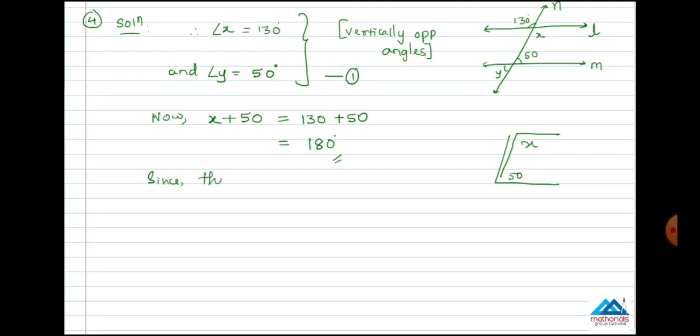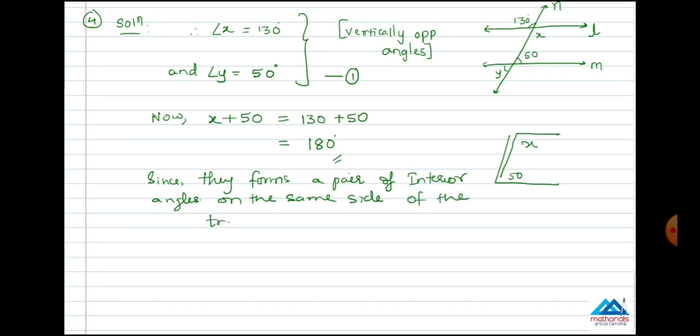So here we can say, since they form a pair of interior angles on the same side of the transversal, interior angles form on the same side of a transversal where line N is the transversal. लाइन N ट्रांसवर्सल है और उसके सेम साइड पर इंटीरियर एंगल फॉर्म हो रहे हैं.